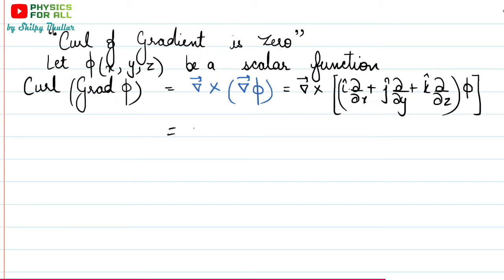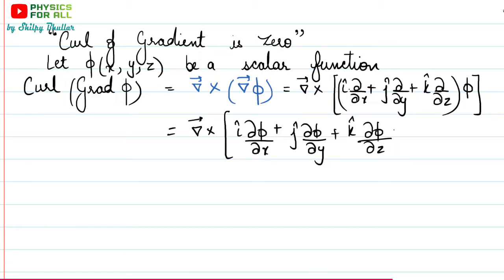Alright, so we get i cap curly phi by curly x, because in itself this del operator is incomplete. It always waits to fill this gap, because this tells us partial differentiation of x with respect to what quantity. So this is the expression now.